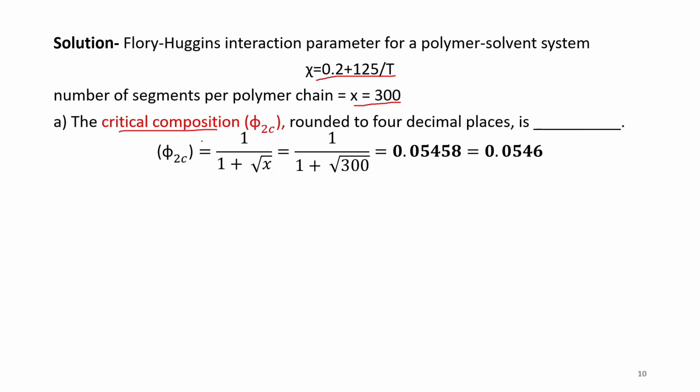So for calculating the critical composition, which is phi 2c, we have this formula: 1 upon 1 plus square root of x, which is the number of segments per polymeric chain, equal to 300. So 1 divided by 1 plus square root of 300. So we get the value as 0.0546.